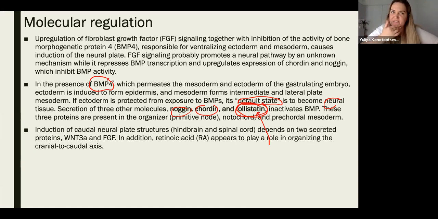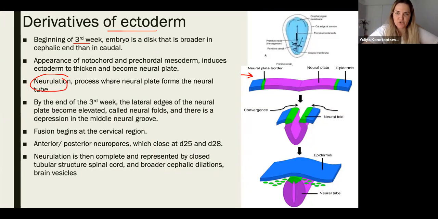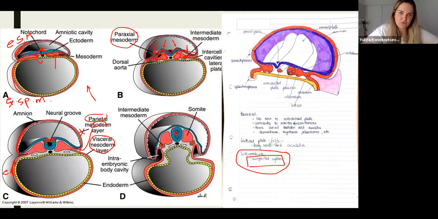BMP4 is typically secreted by the mesoderm. A part of the mesoderm, which is under the ectoderm, so this mesoderm right here, will be secreting BMP4. If BMP4 is present, ectoderm will become skin. If BMP4 is not present, ectoderm will become neural tissue.